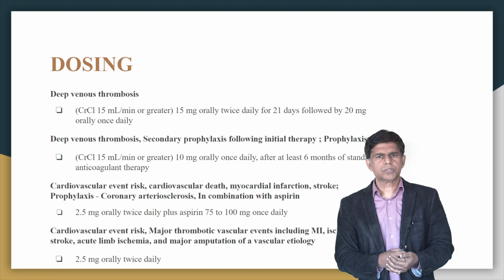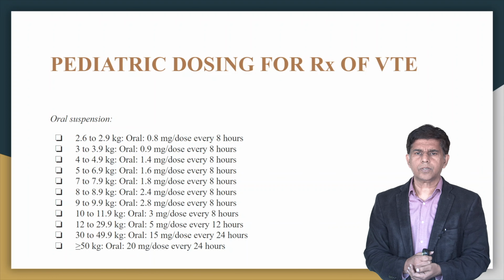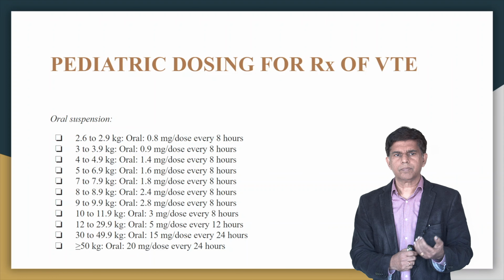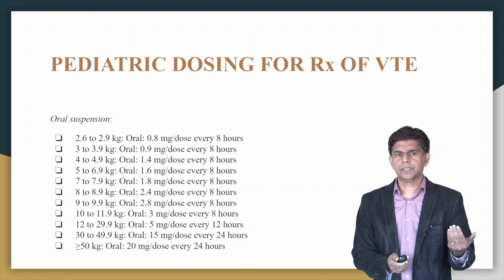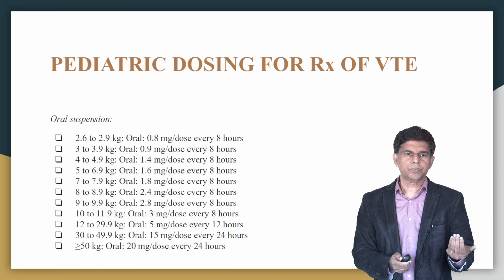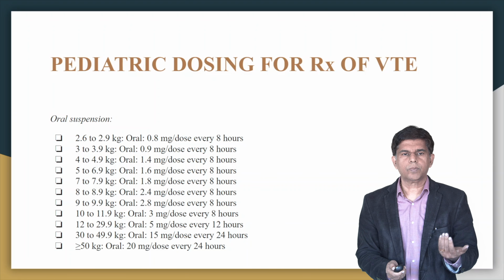There is a pediatric dose also for venous thromboembolism; it's an oral suspension based on the weight. We have this nice table: up to 50 kg, it can go up to 20 milligram daily, but starting at a weight of 2.6 kg. If the weight is 2.6 to 2.9, then you give like 0.8 milligram.